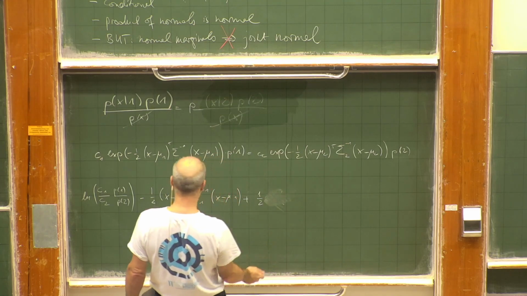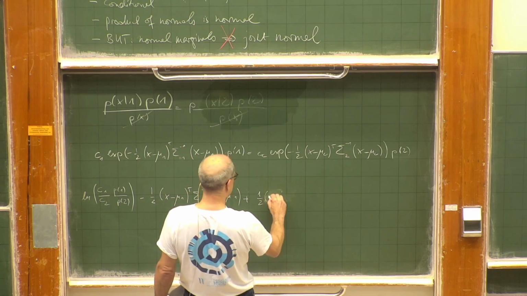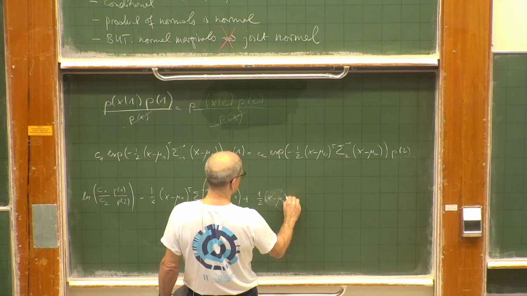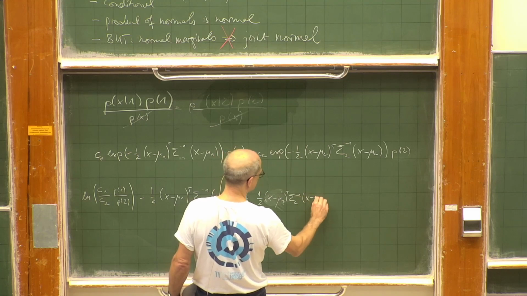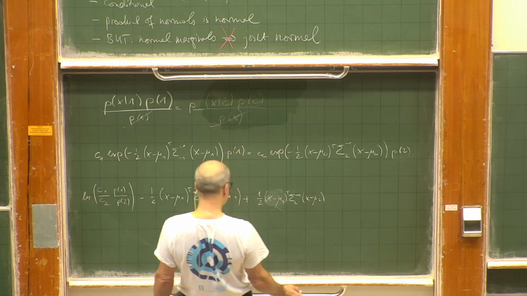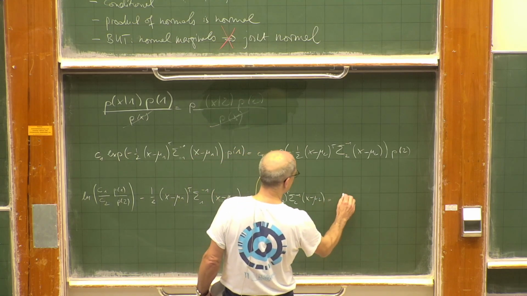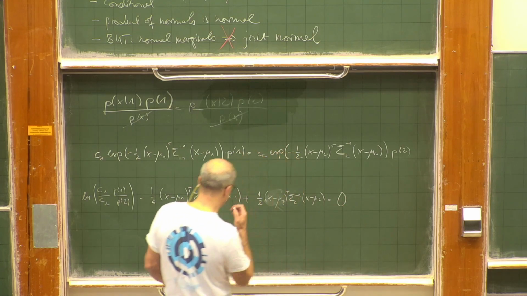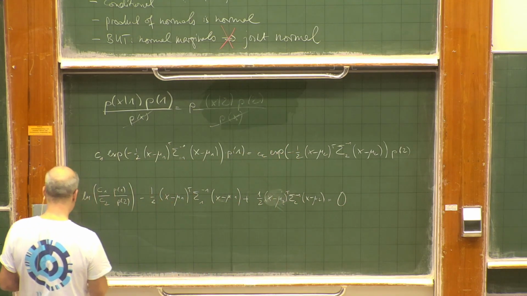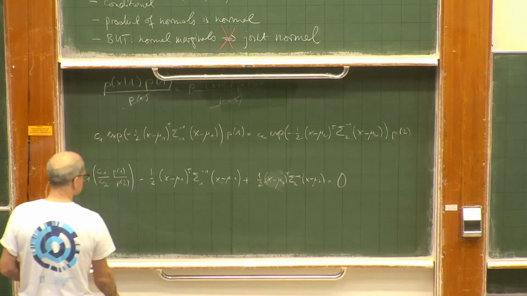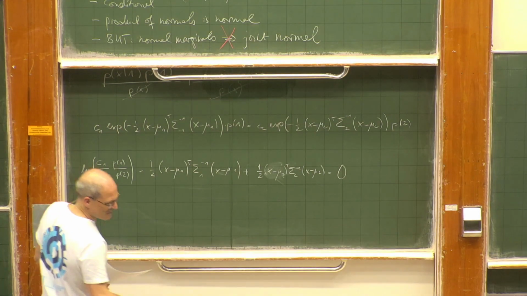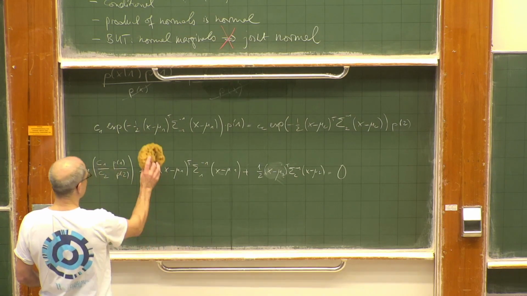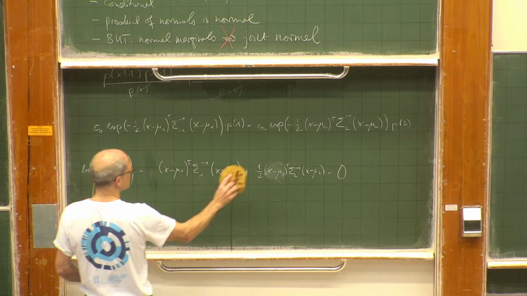The x is gone. Good, and this should be 0. And so maybe it's nicer if I multiply this with a 2.